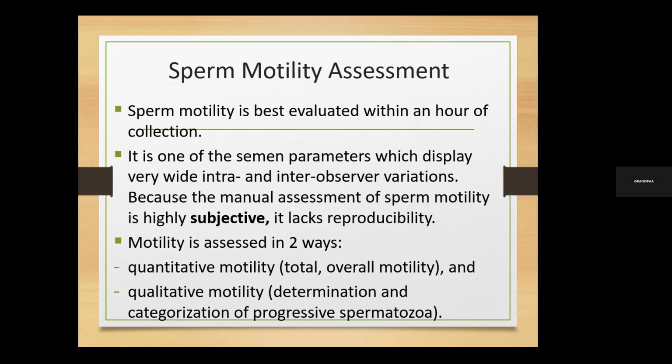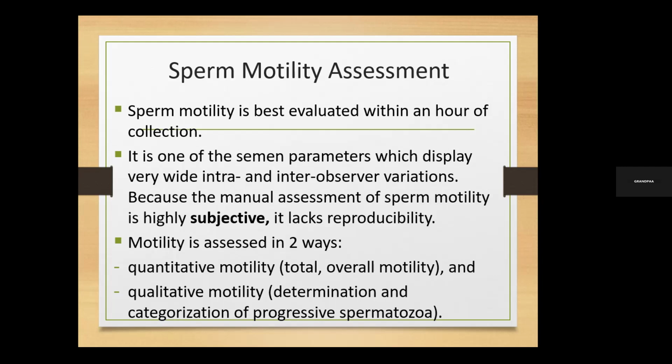We said that sperm motility is best evaluated within an hour of collection. You see that in our early stages, we advised patients to, as much as possible, submit the sample, especially those collected from the house, within 1 hour, because within 1 hour a lot of things ought to be completed.